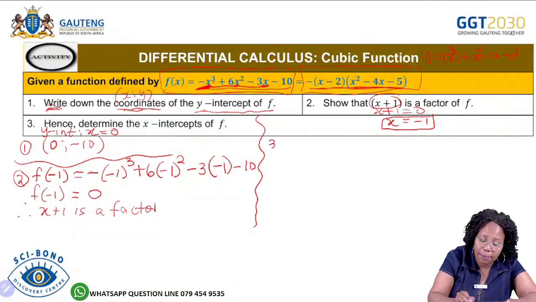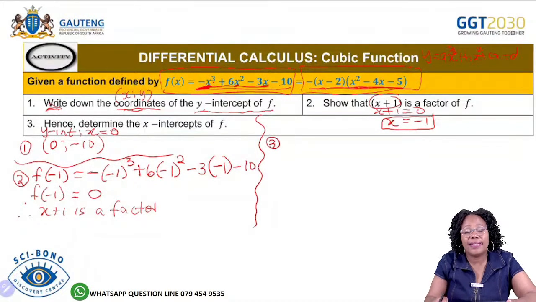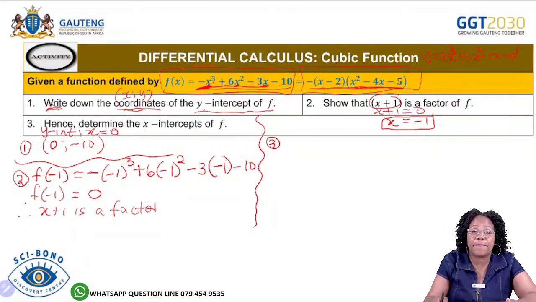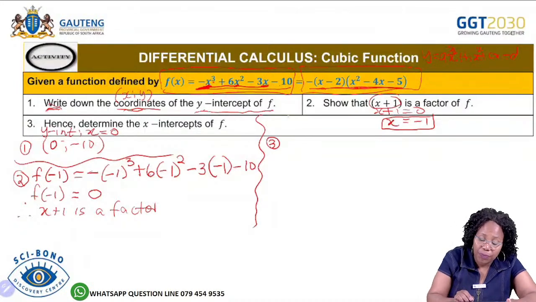Number 3. Hence, if they say hence, they mean using the previous information, determine the x-intercept of f. Remember, our equation is minus x cubed plus 6x squared minus 3x minus 10, and we let this equal to 0.